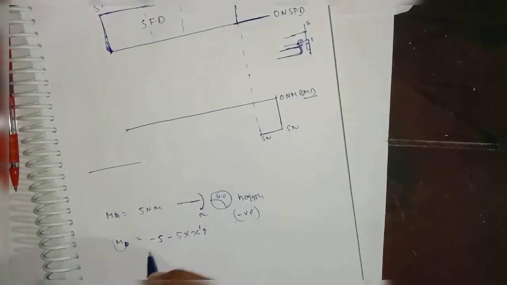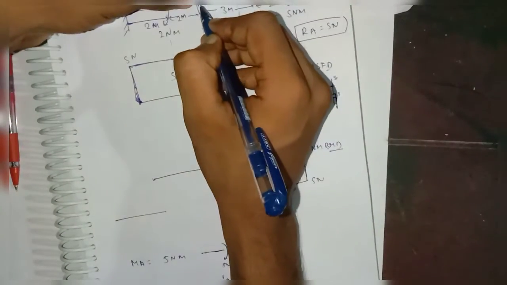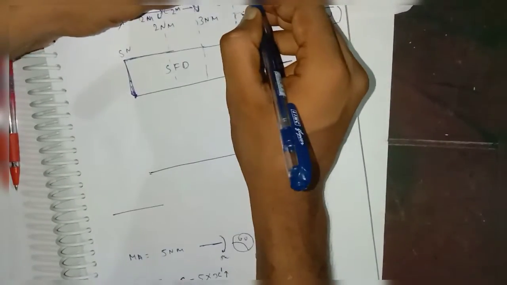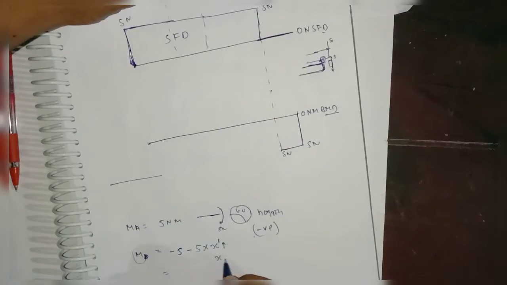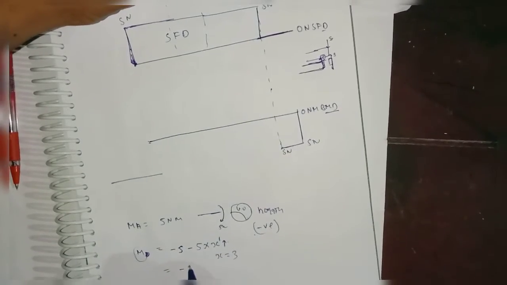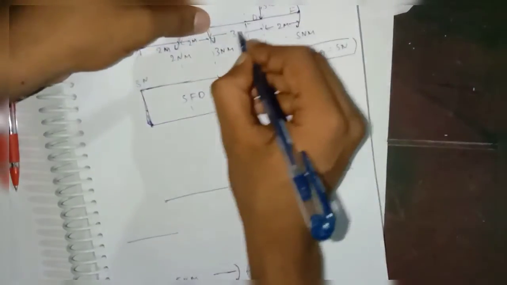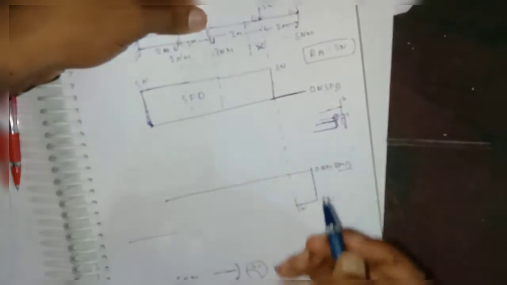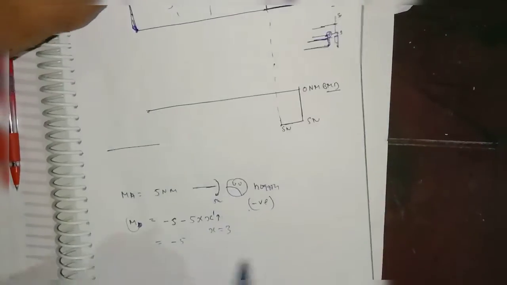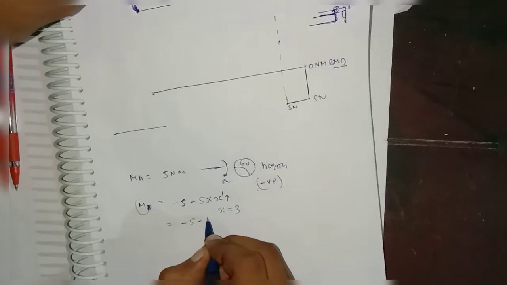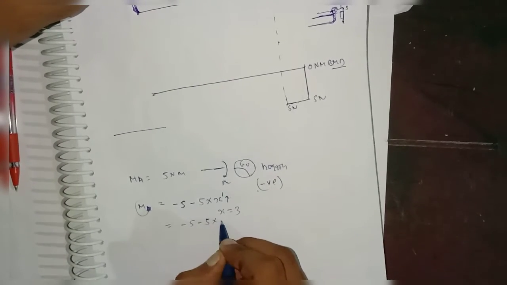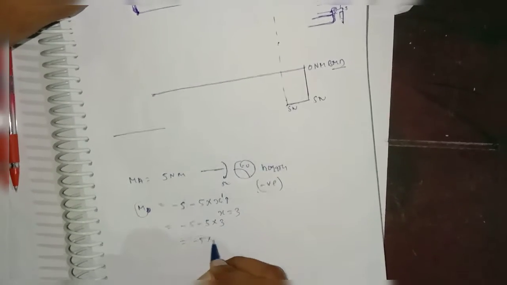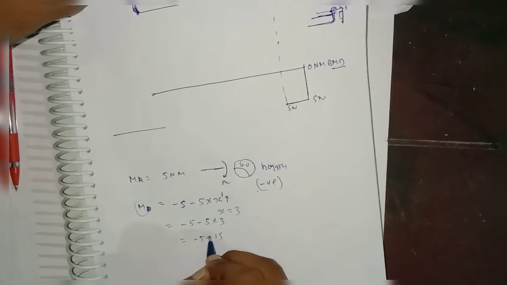Okay, so suppose I want to find the moment at this C. So see, 5 into 3, so I have to replace x with 3, so minus 5. See, this is 5 and this length is given 3, right? Okay. So minus 5 into x, where x is 3, so minus 5 into 3 is 15, so minus 15.